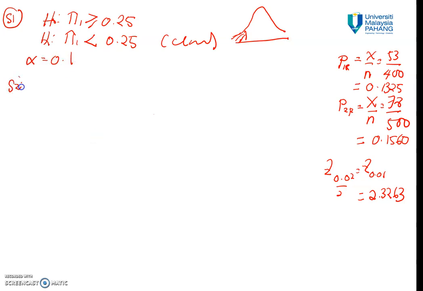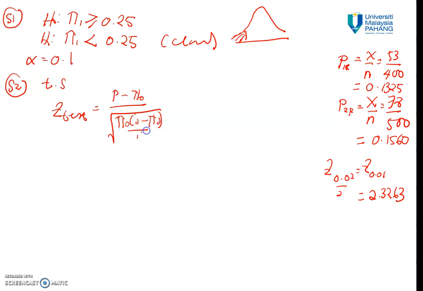So step number 2 is the test statistic. Because you have one population proportion, your test statistic will be the Z test only. So again here, P minus pi naught over the square root of pi naught times 1 minus pi naught over n. Make sure you look at your statistical table. So you just substitute into the formula.